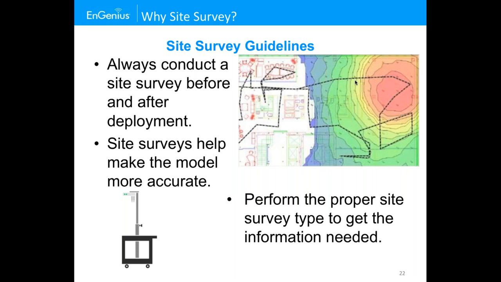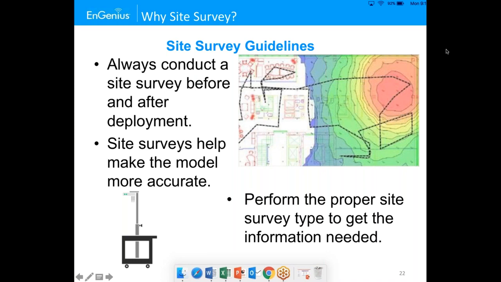Most of the time you'll be doing a hybrid type of site survey deployment, which means I'll be doing both, because I want to know exactly what's going on in the environment. A passive site survey is good for just checking beacons and checking attenuation values between floors or between objects.